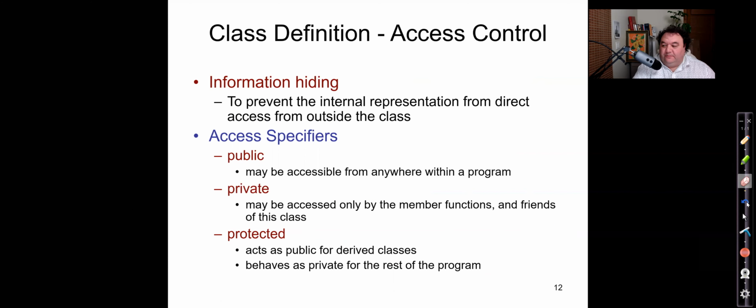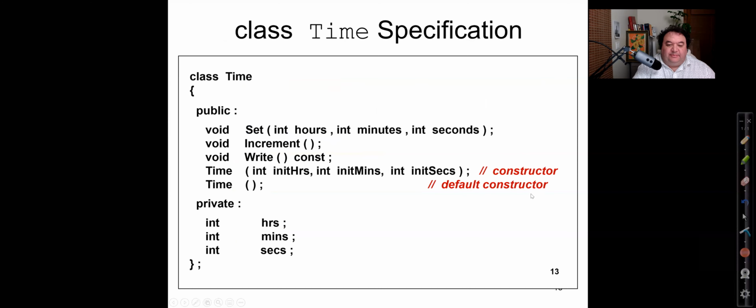And so, as a practical example, we will have a full class representing time. The private part is basically the internal representation of time. In this case, we use three integers for hours, minutes, and seconds.